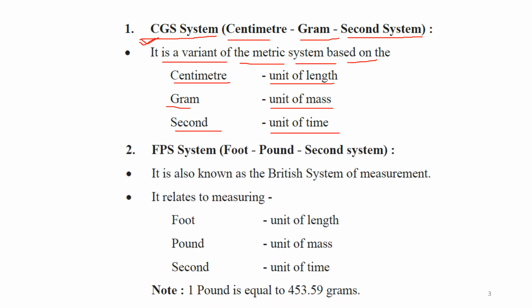Second is the FPS system, that is foot, pound, second system. ठीक है, अलग अलग कंट्री में अलग अलग चीज़ें फॉलो होती हैं. ठीक है, इन इंडिया वी जनरली यूज़ MKS, बट FPS इज़ फॉलो इन द ब्रिटिश सिस्टम. ठीक है, ब्रिटेन में इट इज़ यूज्ड एज FPS सिस्टम. वो CGS या MKS यूनिट नहीं यूज़ करते हैं. ओके, सो इट इज़ ऑल्सो नोन एज ब्रिटिश सिस्टम ऑफ मेजरमेंट.